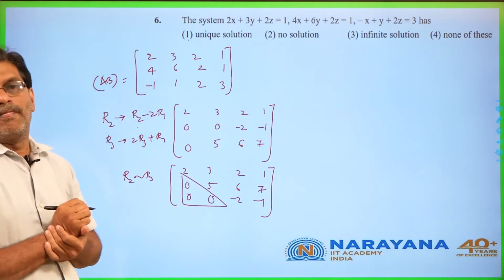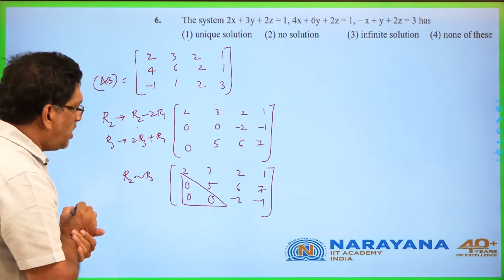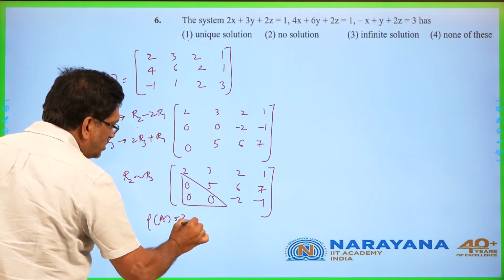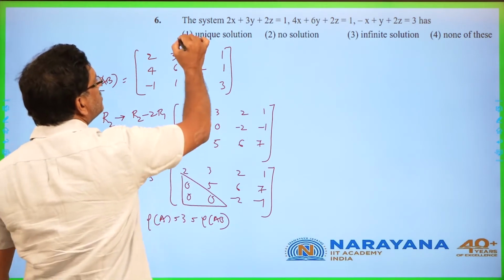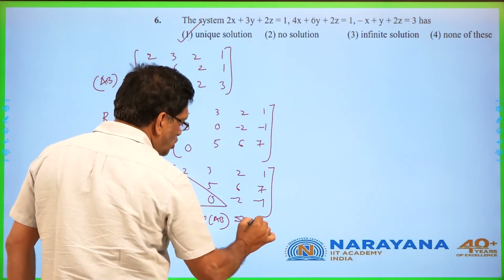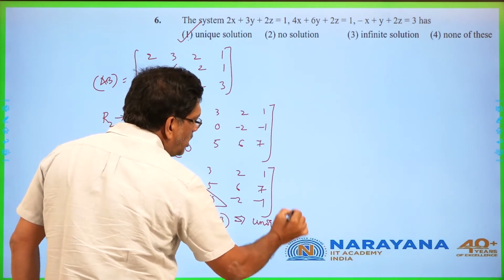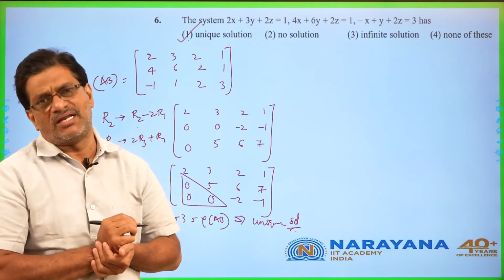So determinant is not equal to 0. Hence we can conclude rank of A equals 3 equals rank of AB. Hence the system will have a unique solution. Right? Simple problem from matrices and determinants.